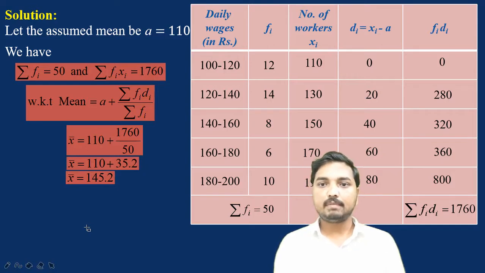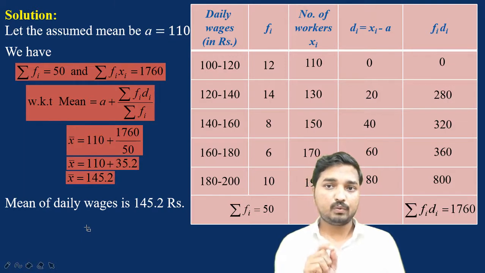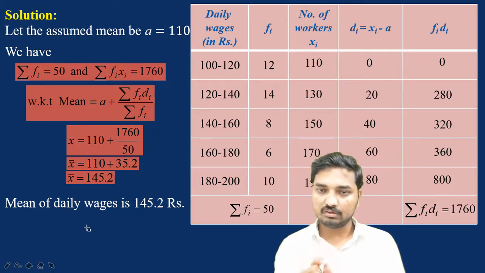So this is the mean of the given data. Then write the conclusion: mean of daily wages is 145.2. Don't forget to write the unit, rupees. Wages are given in rupees, so the mean wage is 145.2.